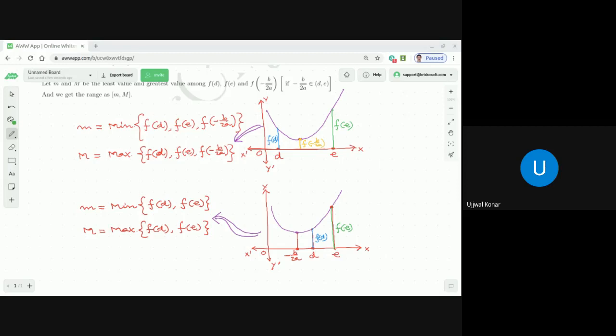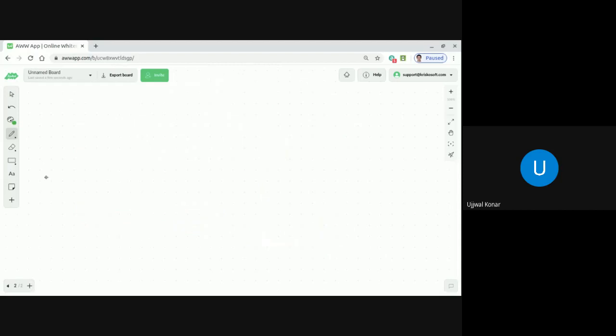First, dear students, I will write the statement, and then I will give you a visual representation of the same thing. So what is the topic we are going to discuss here? Under what condition we can say that a quadratic expression is having the positive value. So let me first show you the statement.